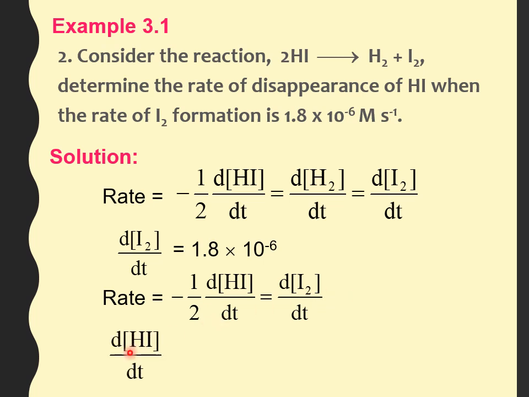Therefore, d[HI]/dt would be 2 times 1.8 times 10 to the power of negative 6, which equals 3.6 times 10 to the power of negative 6 molar per second. So this is 1.8, and the 2 goes up here. We multiply by 2. The negative stays here actually, because this shows that it is the rate of disappearance.